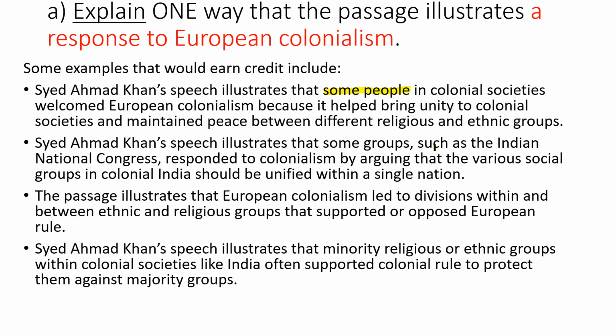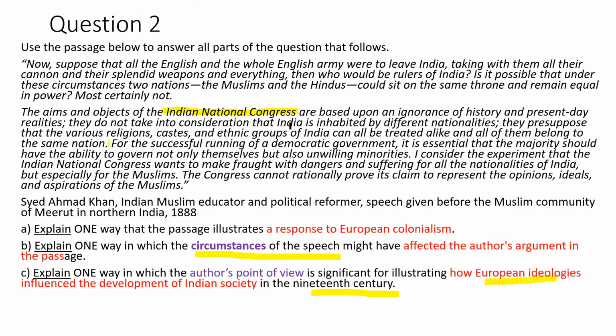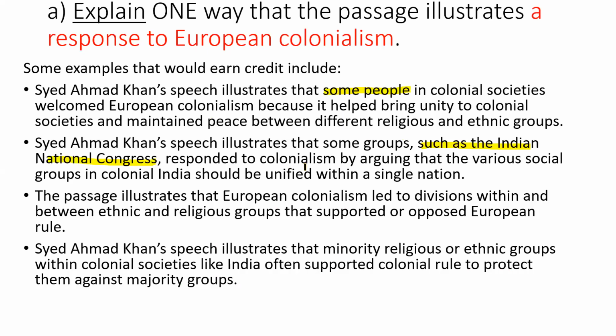This speech illustrates that some groups, now this is what I love, such as the Indian National Congress, responded to colonialism by arguing that various social groups in colonial India should be unified within a single nation. Again, they're taking what's being written in the question and pulling from this that certainly this group here is going to argue that India should be unified within a single nation.